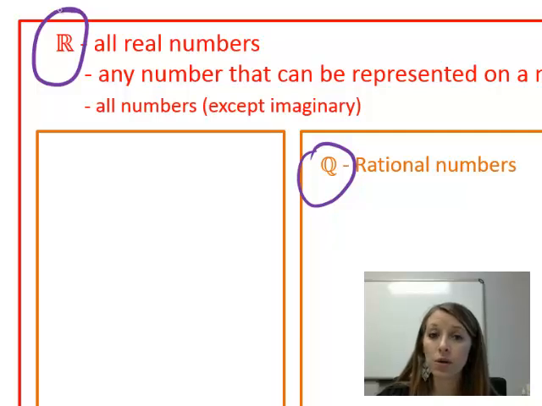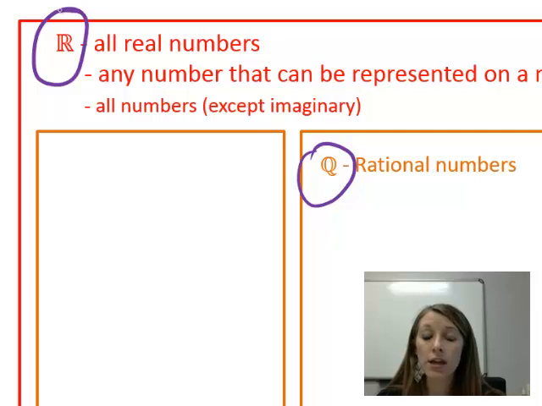Does it stand for real numbers or rational numbers? I can understand because they both start with R. So let's get this straightened out now, so if you see that R later in the semester, you pick the right group. Just note that the R stands for the largest group possible, and Q stands for rational numbers.